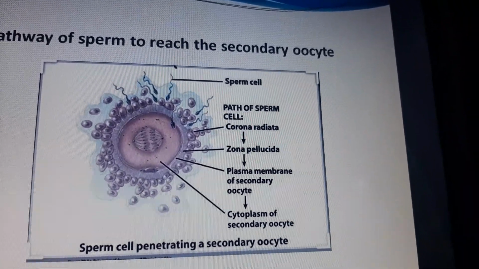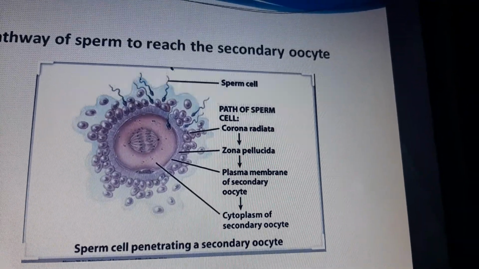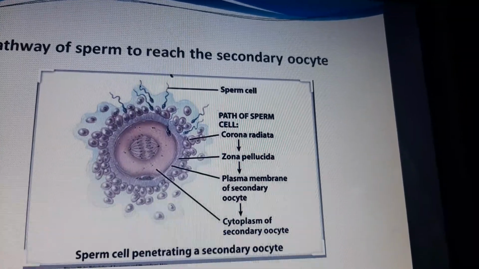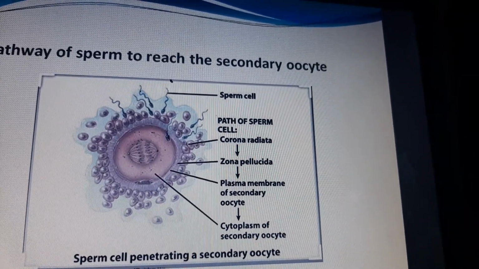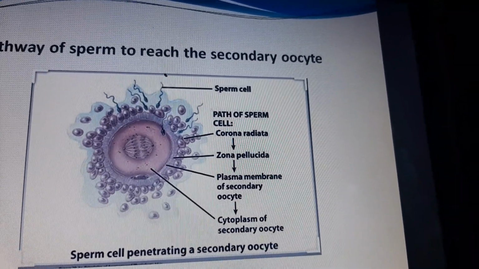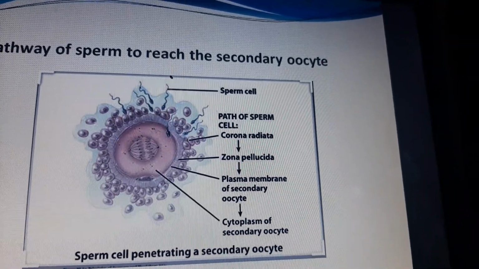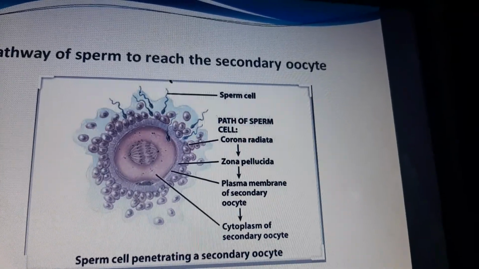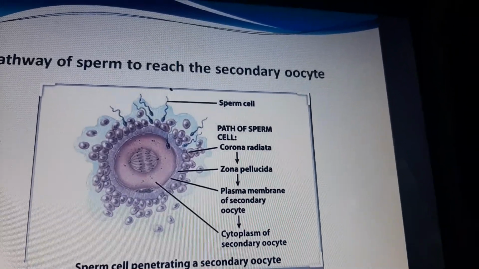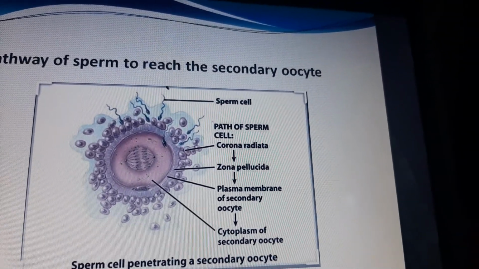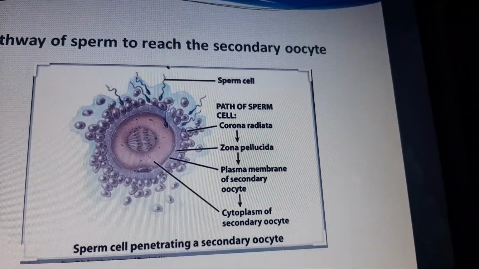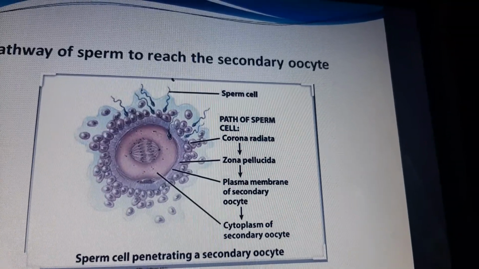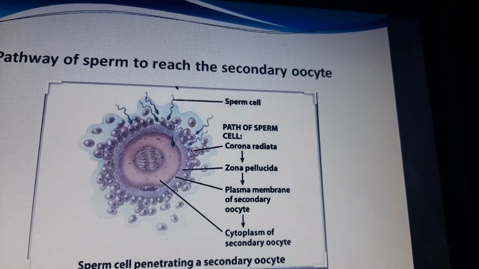After the second meiotic division, it forms the ovum and the second polar body. The ovum nucleus enlarges to form the female pronucleus. At the same time, the sperm nucleus also swells up to form the male pronucleus. Both male and female pronuclei are haploid.